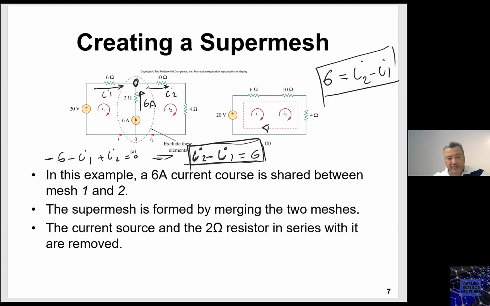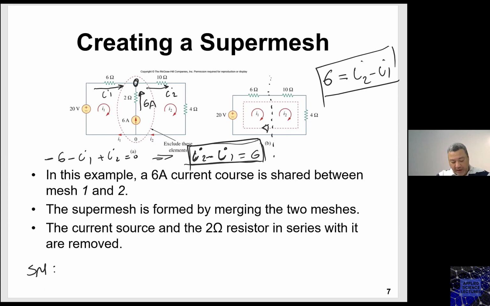Let's do it by inspection. So super mesh, I look at the resistors that are shared by I1. Keep in mind that the 6 ohm has only I1, and the 10 ohm has only I2. So you have some kind of separation here, right? So in this case, I will write them both in one equation.